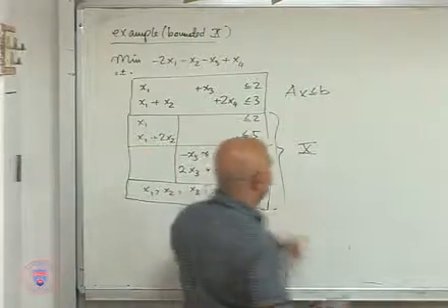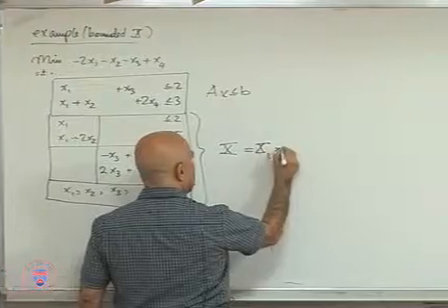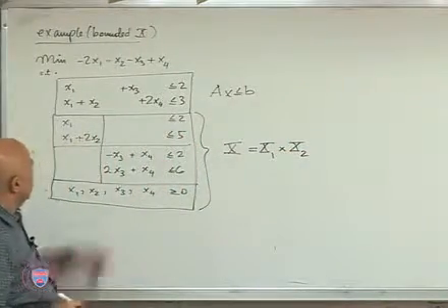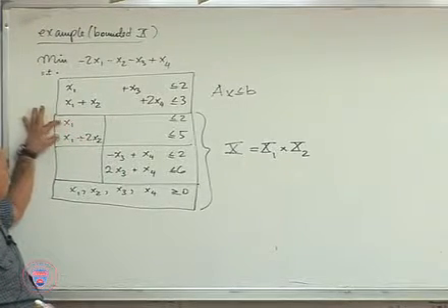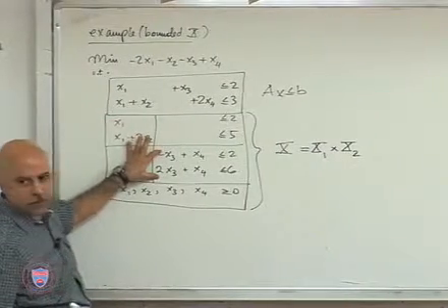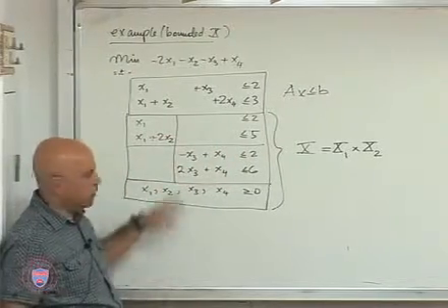Okay, so X is in fact the cross product of two sets, X1 and X2, where X1 is the feasible set associated with the first two constraints here, and X2 is the feasible set, again in two variables, associated with the second part.